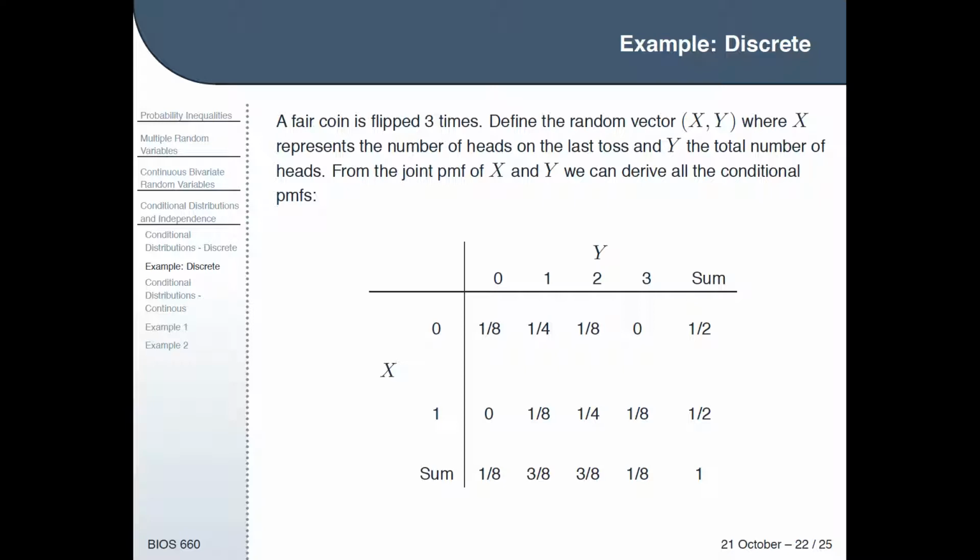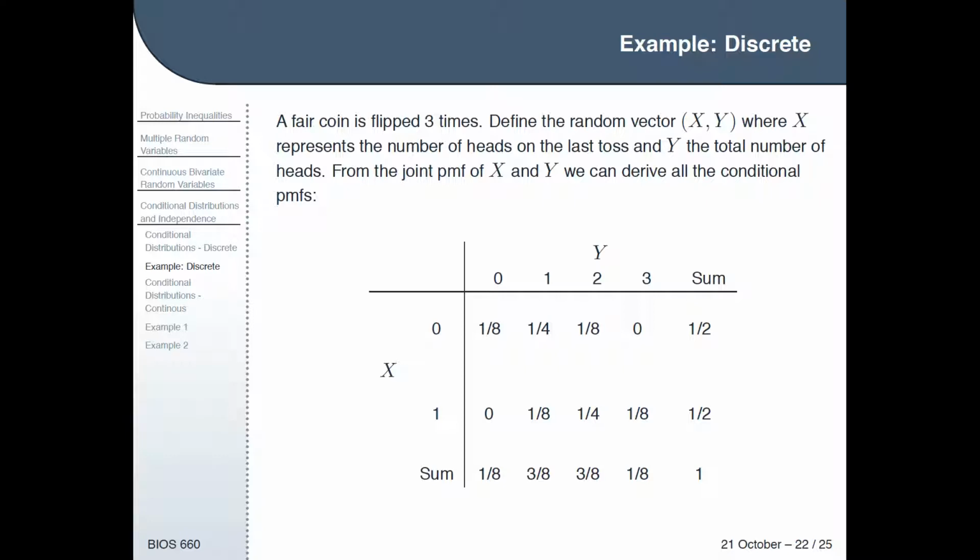We saw that if you want to calculate the marginal PMF for x or y, you just sum across rows or across columns. Now, if you want the conditional PMF with respect to x or y, the way you would calculate that is you take the joint inside the table and then divide by the row sums or the column sums.